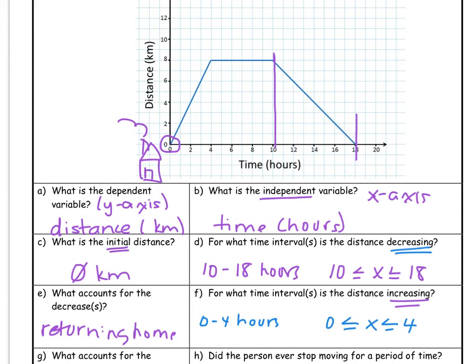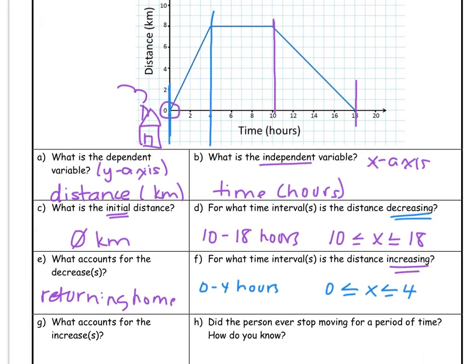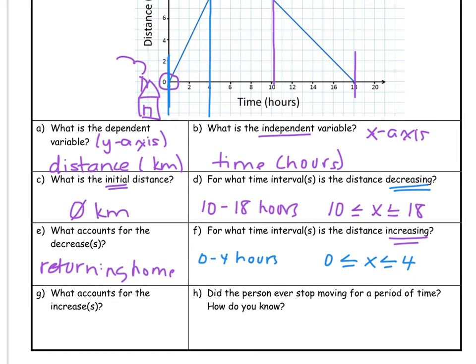So from here to here is when the distance away from home, or the distance away from their starting place, is increasing. What accounts for this increase? They're driving away from home. Or from wherever they started.